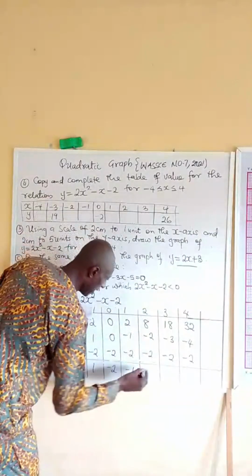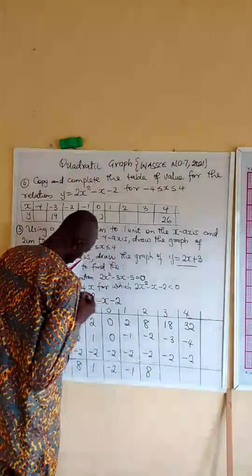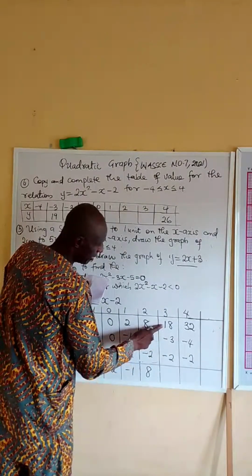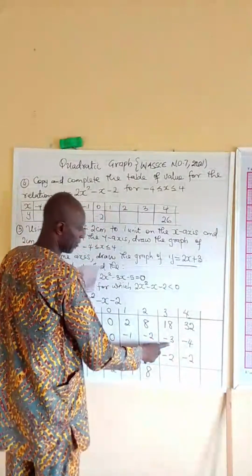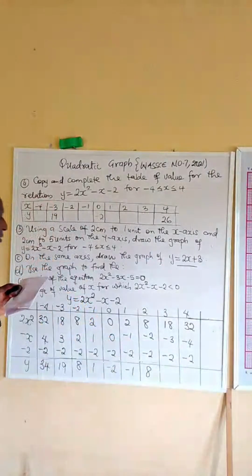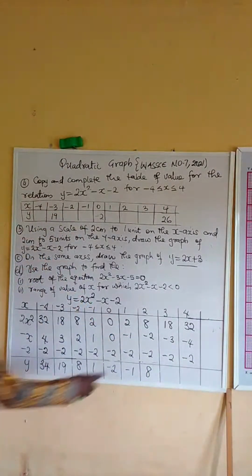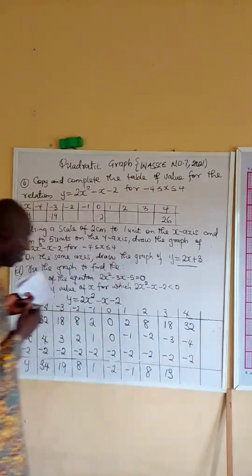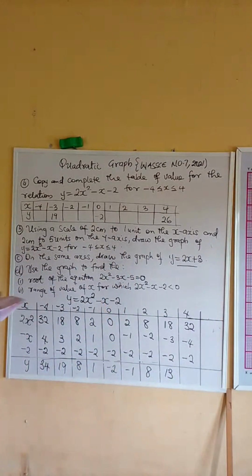So here will be 8. 18 minus 3 is 15. 15 minus 2 is 13. Here is 13. Alright.